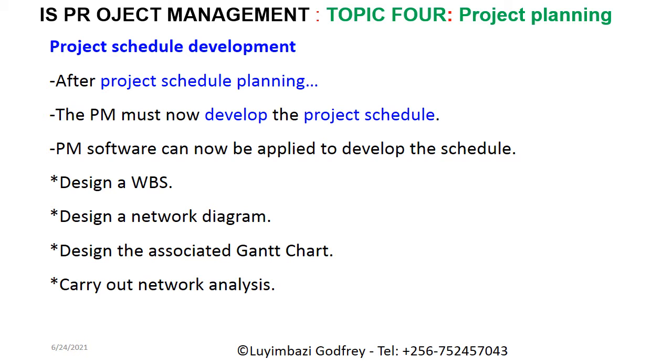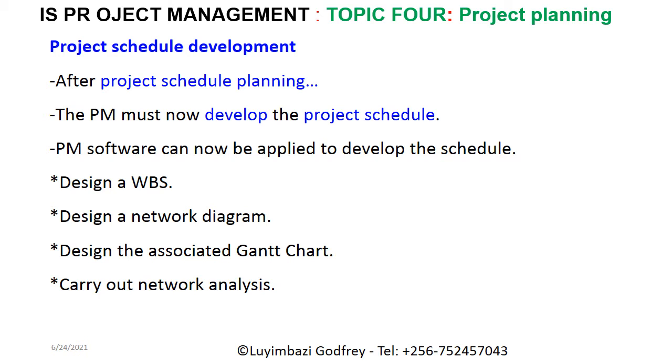The network diagram assists us to determine the project duration. In determining the project duration, we are determining the longest series of activities that will determine the project duration. We therefore determine what we call the critical path.